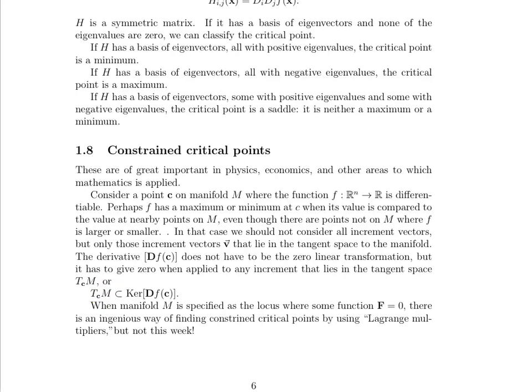And in particular, df needs to return 0 when applied to any increment vector that lies in the tangent space to your constrained critical point C.